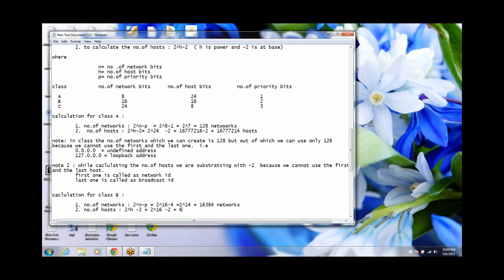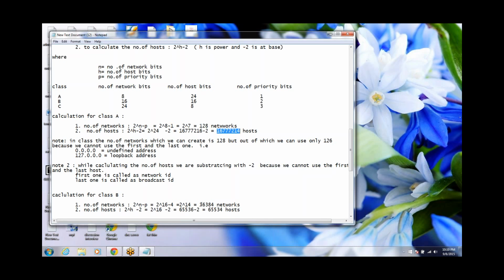That is 65,536 minus 2. So 65,534 hosts are there. In class C, for one network, altogether we can get 128 networks, but valid are 126 here. For one network, we can connect this many systems.